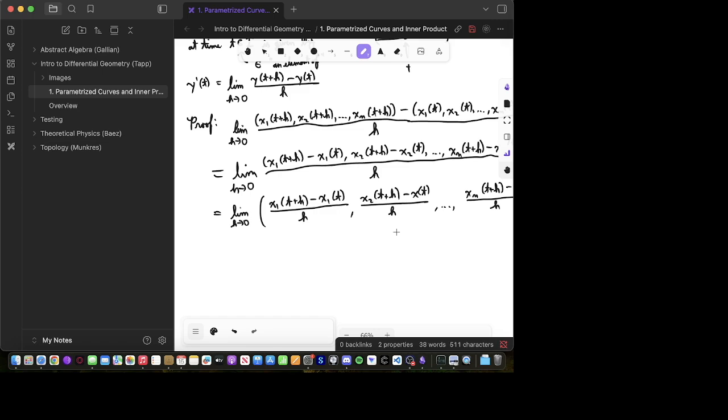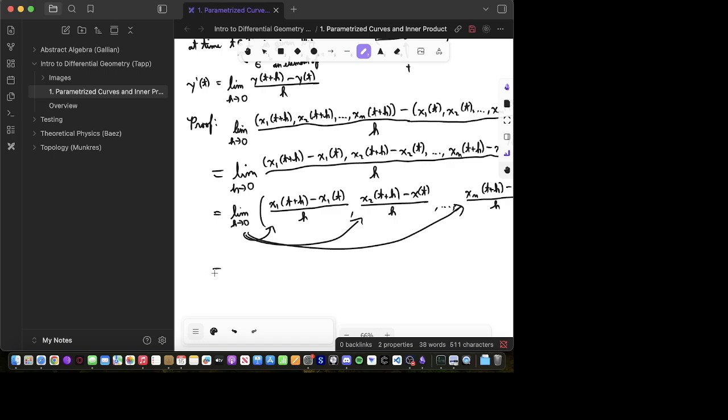And if the limit can be carried over into each expression, we get a familiar formula.